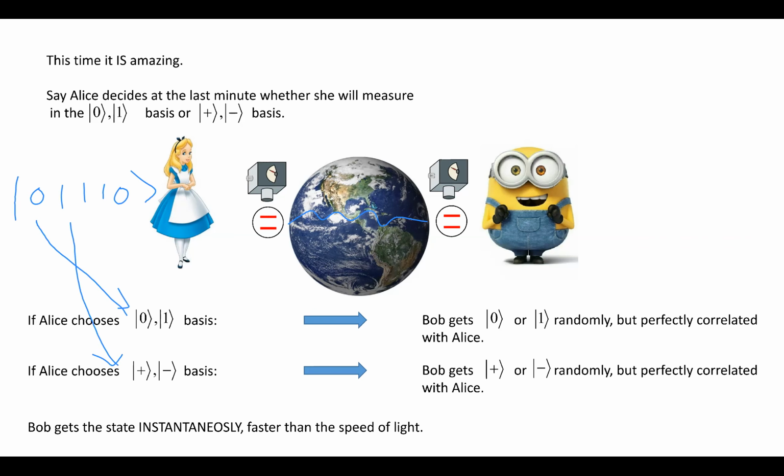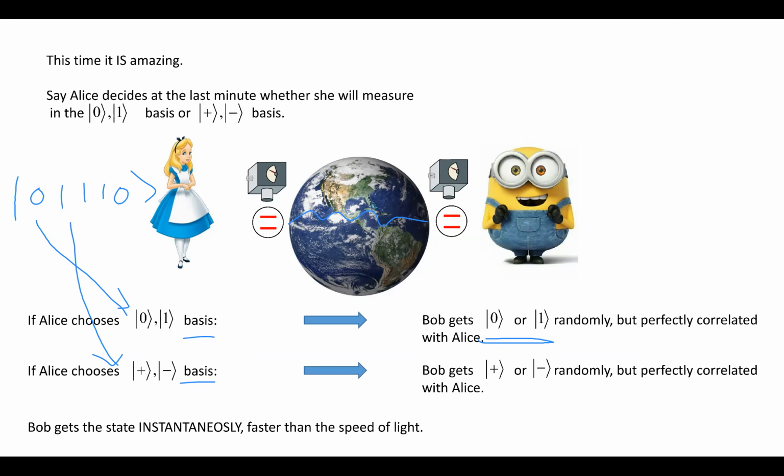Then all Bob would have to do is tell which basis Alice chose. He doesn't even have to know what state it is, it could be 0 or 1. It doesn't matter. It's actually the basis in which we are trying to encode the information, so the information itself becomes the basis.